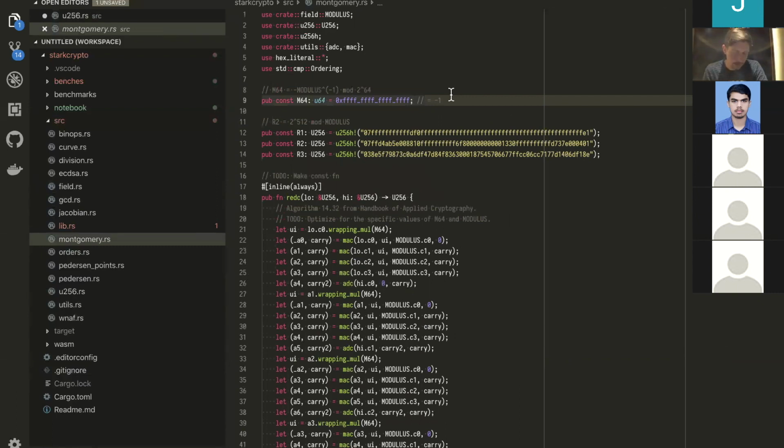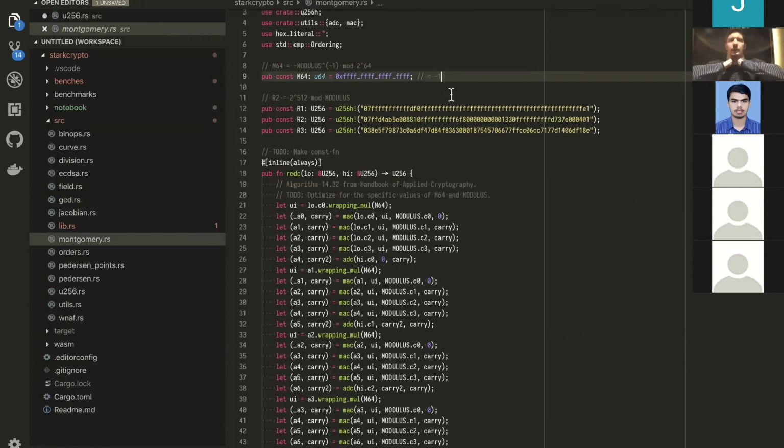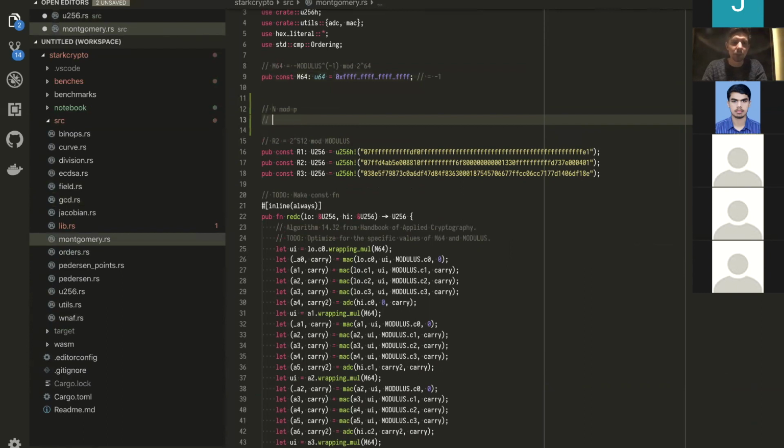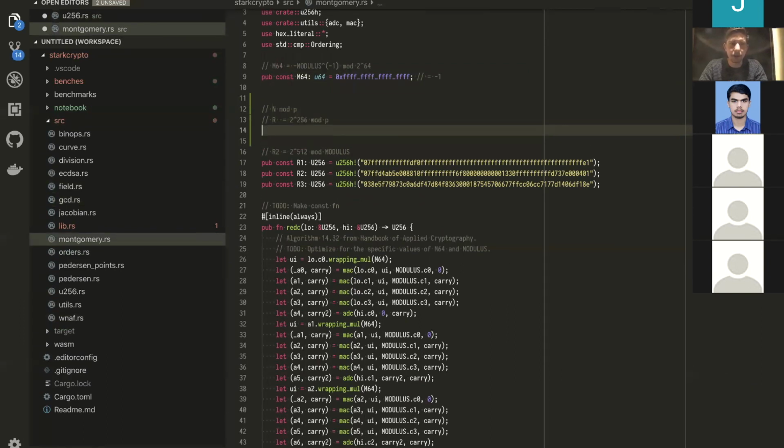Let's see, there's about 5 minutes left, so I won't be able to go through Montgomery Representation in full. But what you basically do is, where you have n modulo your prime p, you would instead compute a constant called r, which is 2 to the power 256 modulo your prime p.